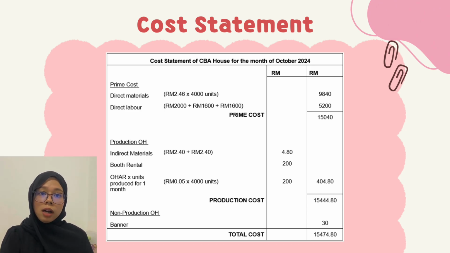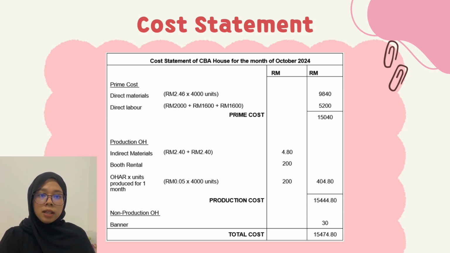And then OHAR times units produced for 1 month, which is 5 cents for our OHAR times 4,000 units, you will get 200 ringgit. And then for the production cost, you will have 15,444 ringgit 80 cents.